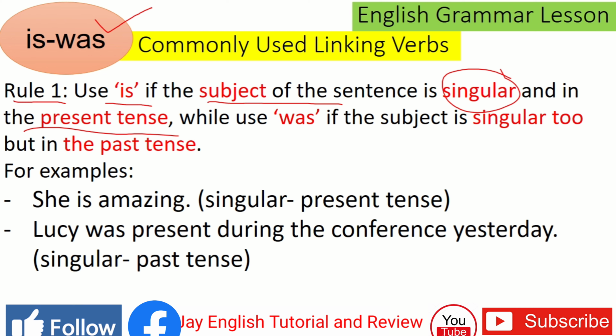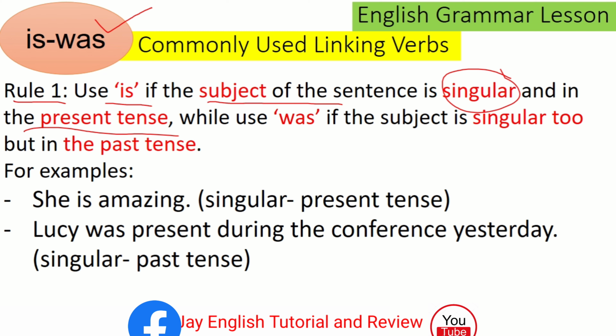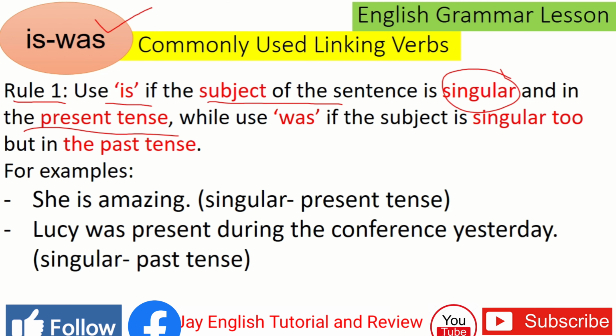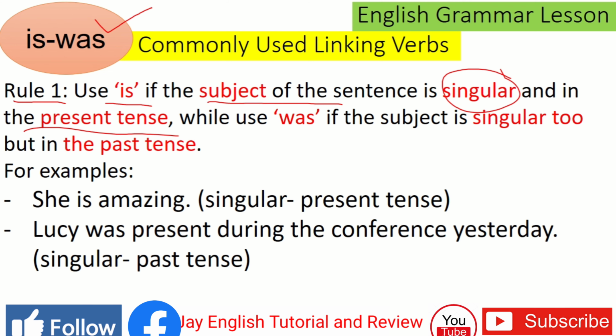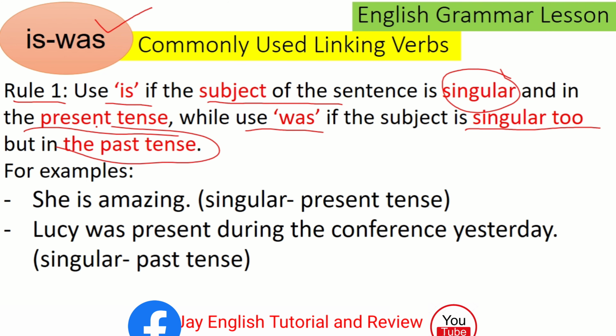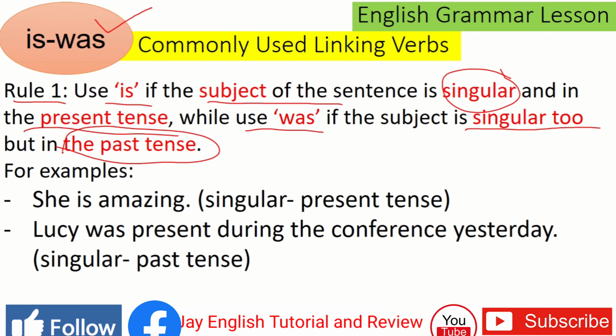When we say present tense, the event is happening in the present, or the event happens in the present, or it means today. Okay, presently. While use was if the subject is singular too, but in the past tense. Okay, that's the difference between is and was.